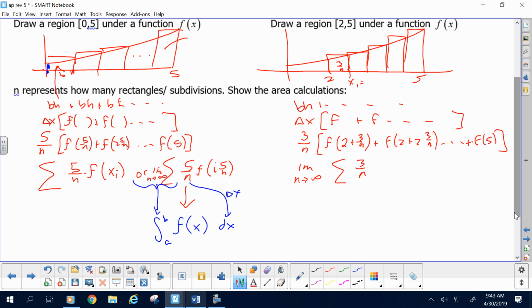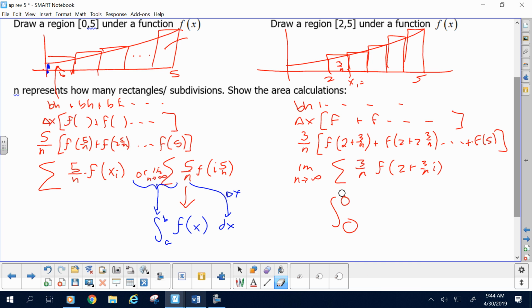It could have been 0 to 3, could have been 2 to 5. So this isn't enough to tell me these limits of integration. It just tells me the region's 3 wide, but it doesn't tell me where it started. You have to look in here to say, where did it start?